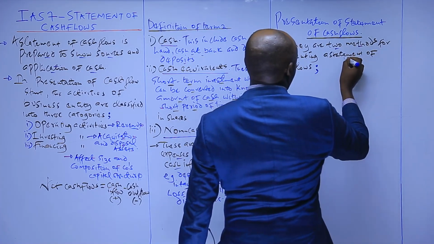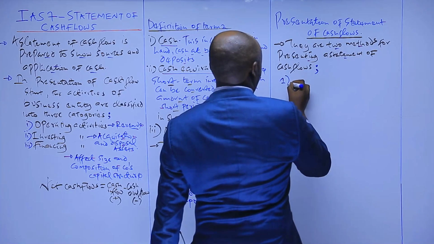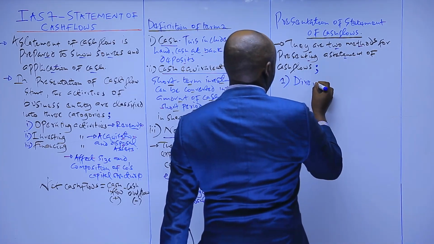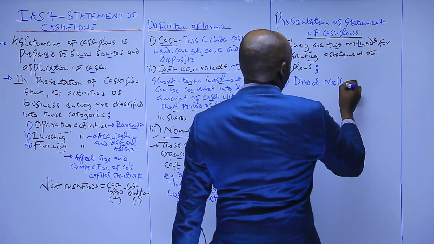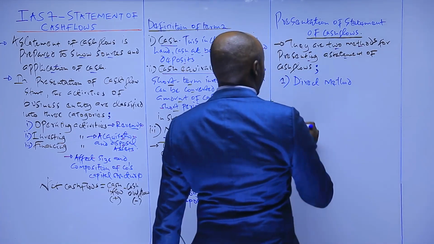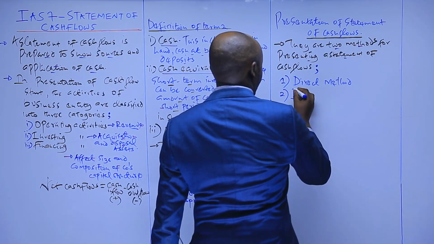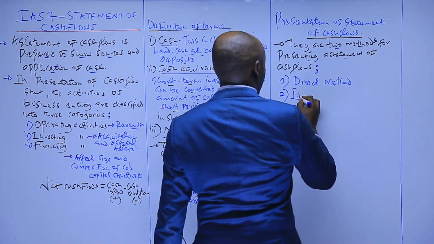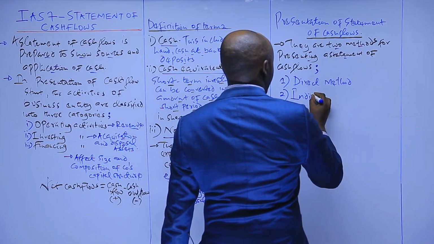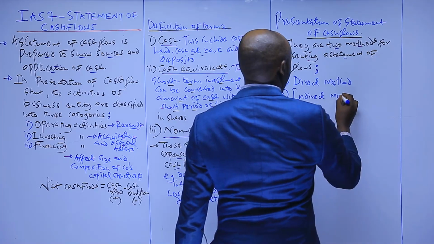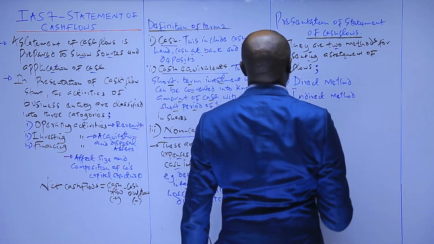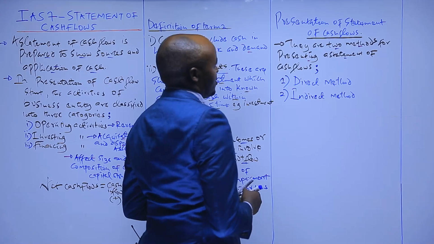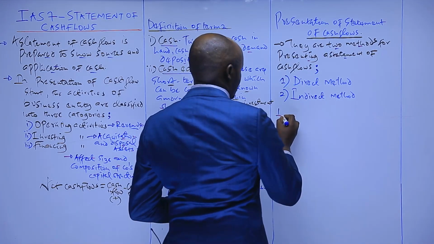So which are those two methods? The first method is known as the direct method. And number two, we have the indirect method. So let's start with the first method here, which is the direct method.